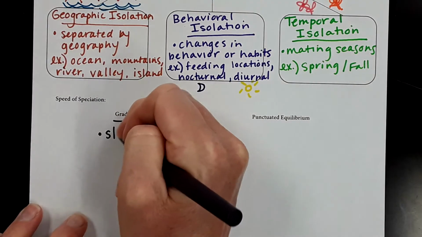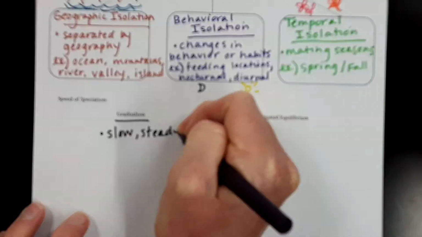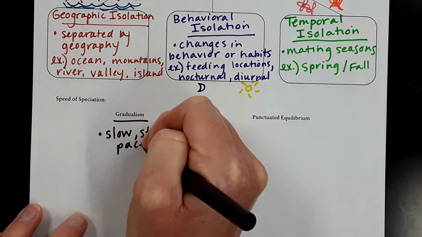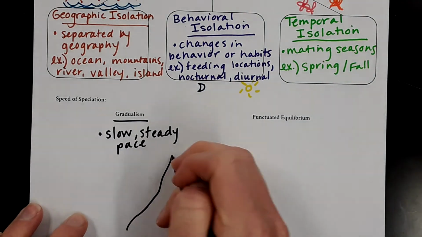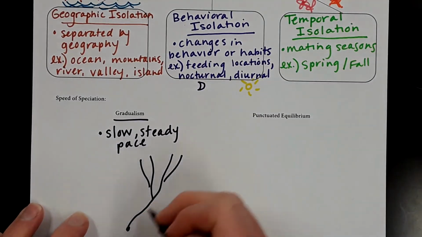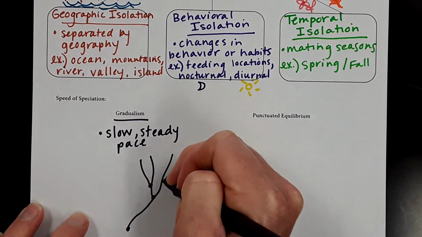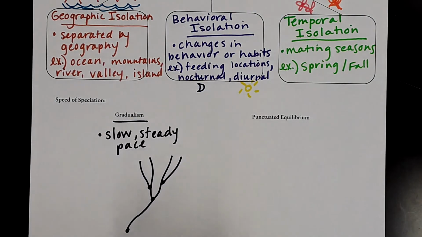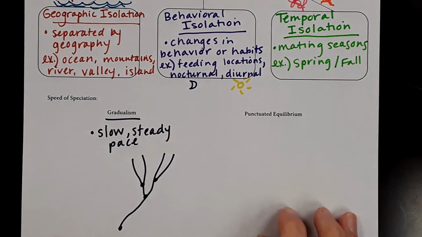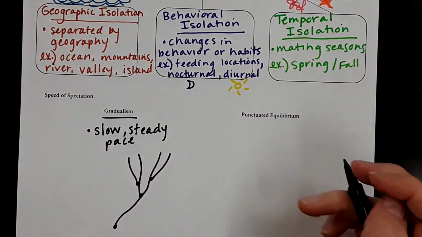So evolution and speciation could happen at a slow, steady pace, with one species very slowly branching out from another. Here's our original species, and then it could branch into two, and that one could branch into two, and this one could branch into two. So it could be very slow and steady, and this could take, again, thousands, if not millions of years.